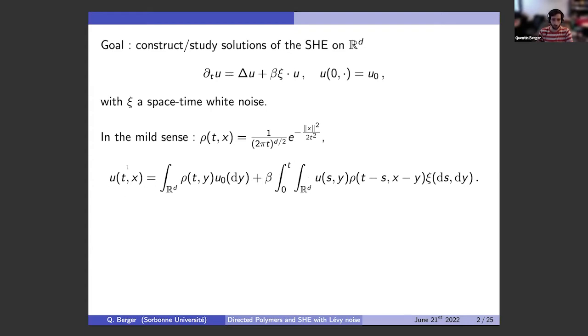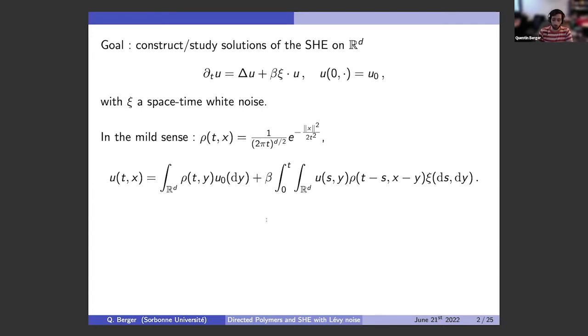Here u is the integral of the heat kernel against the initial condition, and then you integrate u against the heat kernel with the noise: u(s,y) collects the noise at site (s,y), and then there's the heat kernel. That's what you want to produce and give sense to.